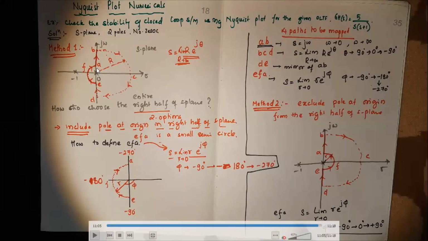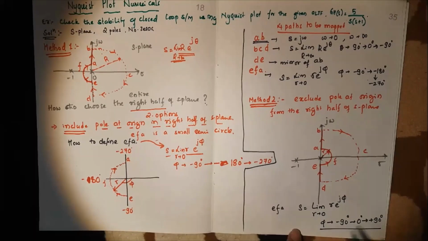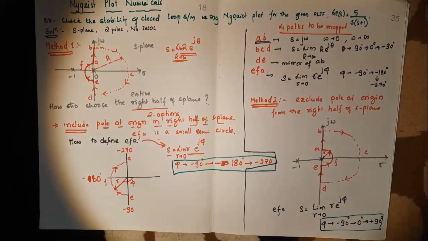So this is about considering poles or zeros at origin. Let us proceed to how to solve this. These two cases are important. So next we will take up the numerical.